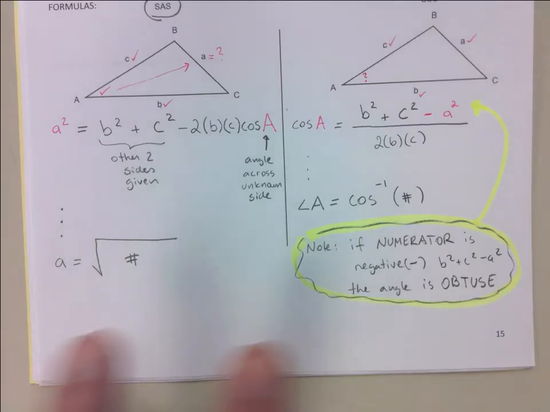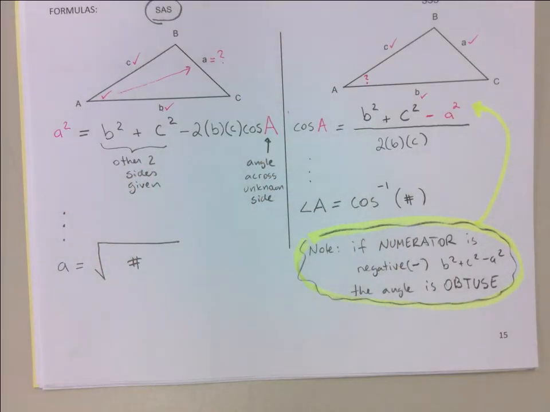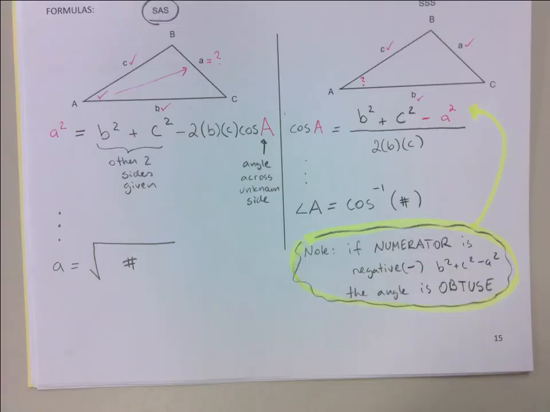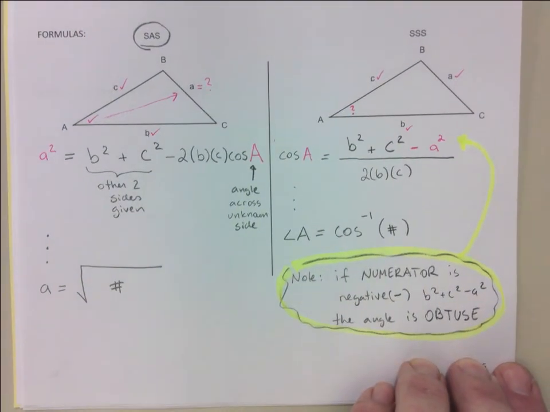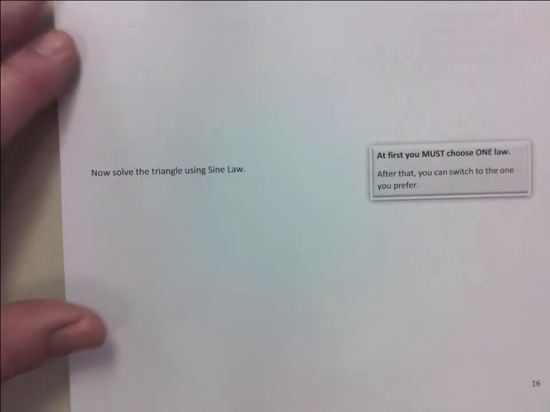So you've got two versions of the exact same formula. It's just manipulated in such a way that it is easier to solve for. Okay, let's go over to page 16 and let's try these out. Make sure you have these formulas, of course. I would color code them if I were you.